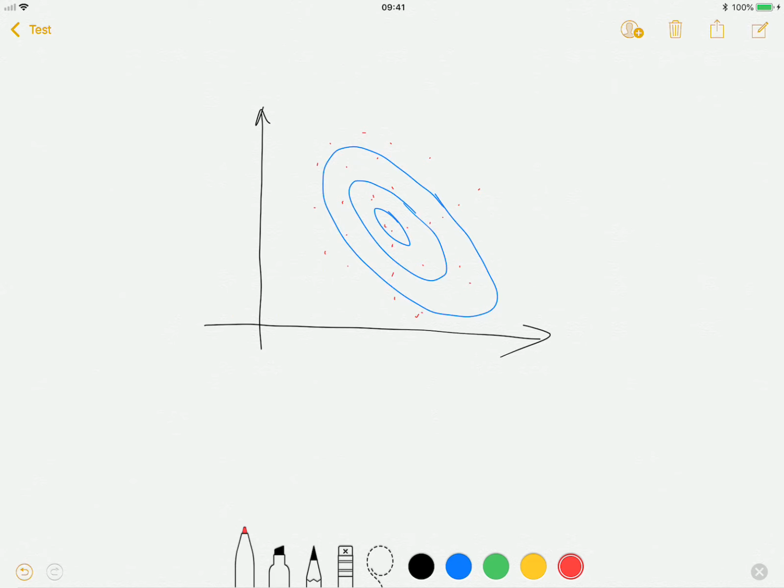Remember, my domain is x lower bound and x upper bound, y lower bound and y upper bound. I could then use these pairs to find the optimal solution, which would be somewhere here. But again, as I mentioned, this is brute force and it is rather simplistic.